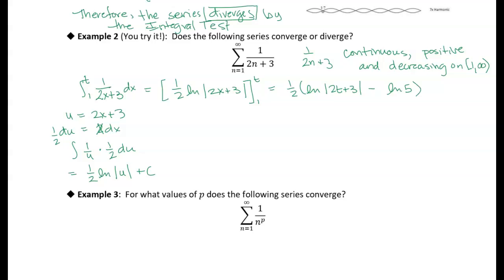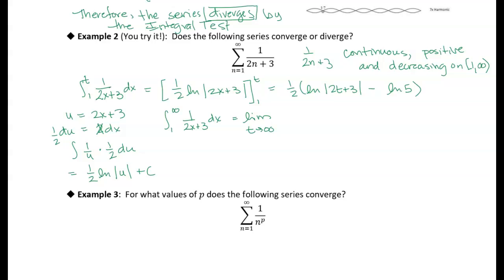All right, so that's the integral from 1 to t, and then to get the integral from 1 to infinity, the integral from 1 to infinity of 1 over 2x plus 3 dx is equal to the limit as t goes to infinity.